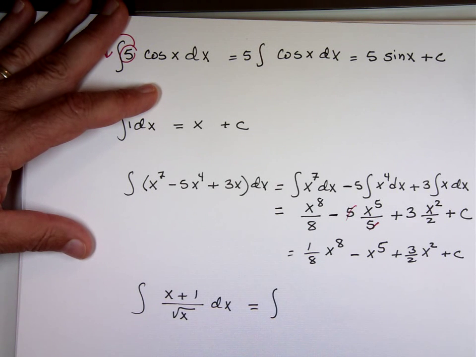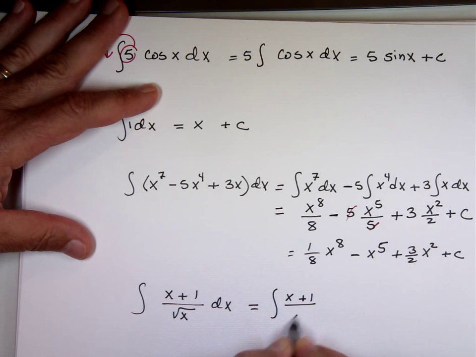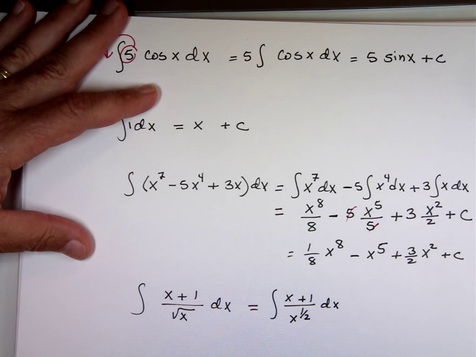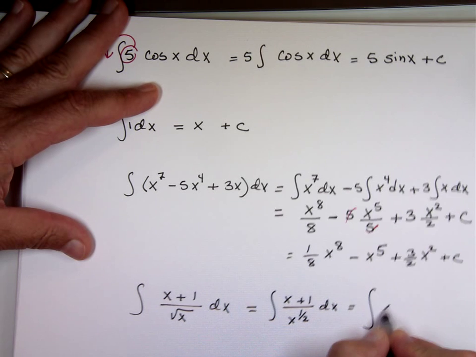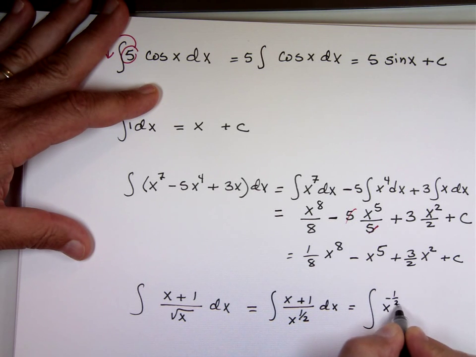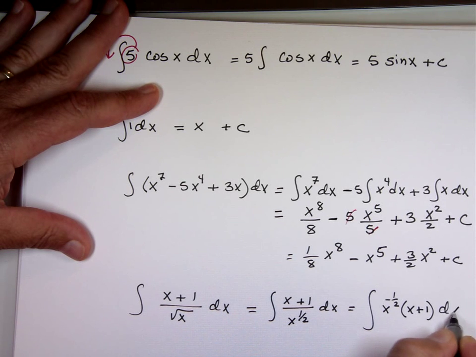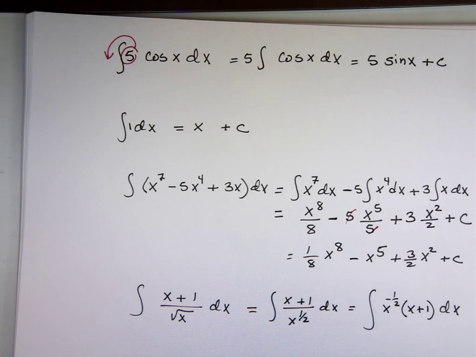But you can take this, Brandon, and rewrite that. You're saying, how's that going to help me? Well, bring it to the top. I can make it x to the negative 1/2 times x plus 1. Is that the only way to do that? Yep.